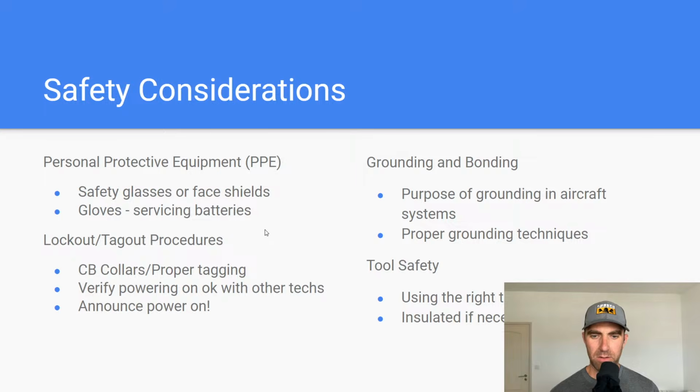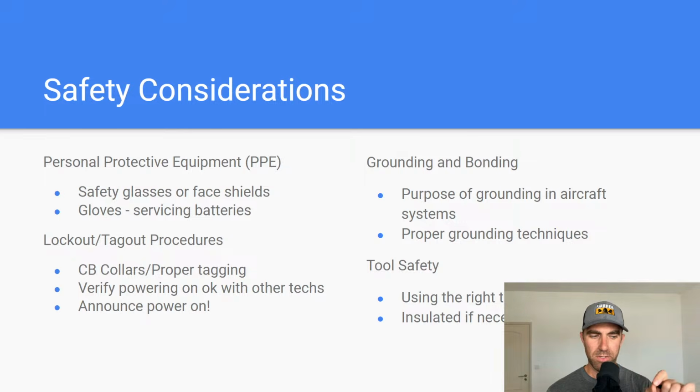And then lockout, tagout procedures. Let's say you need to work on an electrical system, and you've got a component or connector removed. Make sure that you follow the aircraft maintenance manual, and more than likely you will need to pull a circuit breaker for that system so that there's no risk of injuring another person who's working on the system.